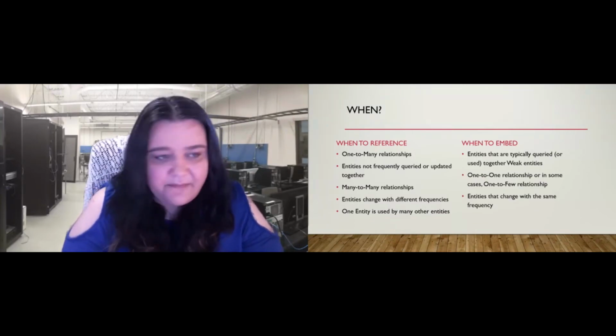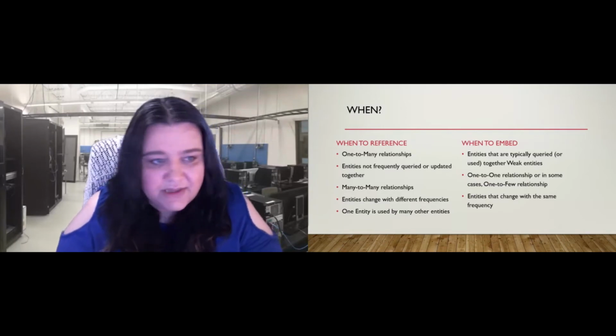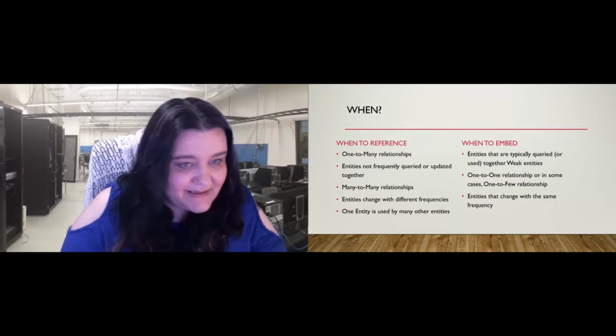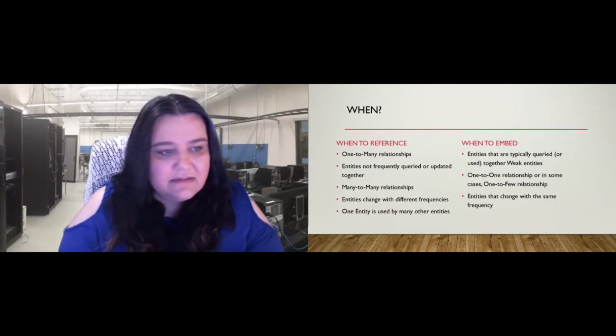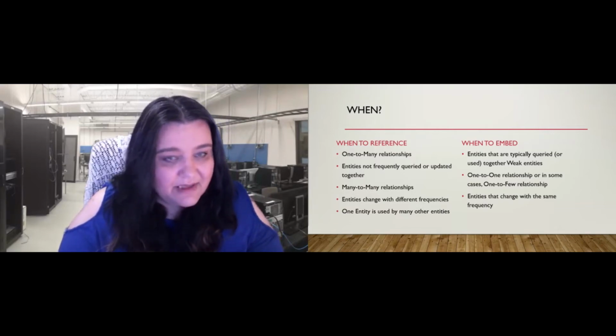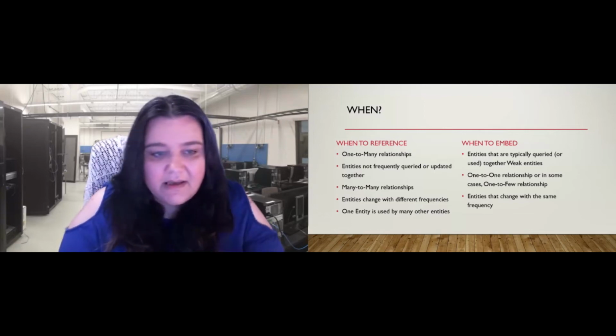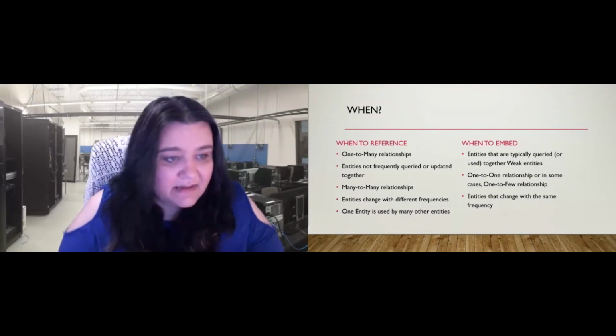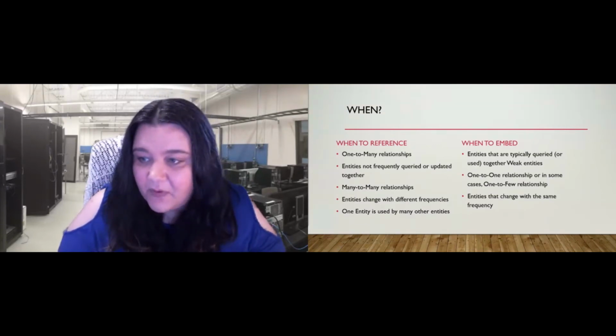So when to reference. One-to-many relationships. And if you have experience with databases, you know what a one-to-many relationship is, but an example would be a blog post that has many comments or likes.